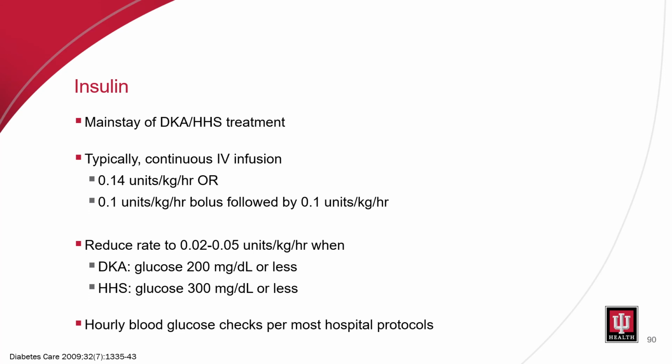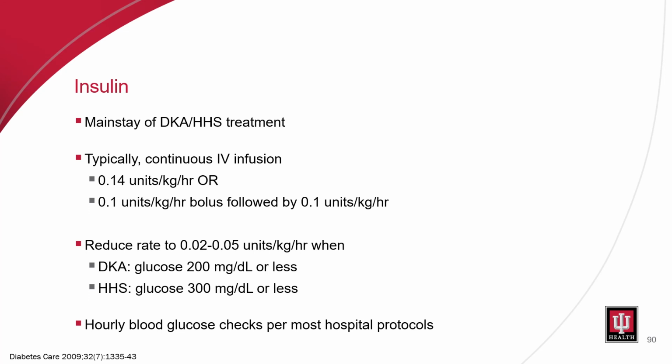So you can start at 0.14 units per kilogram per hour and just use the drip, or you can give a 0.1 units per kilogram bolus followed by 0.1 units per kilogram per hour insulin drip. You will then titrate, or the nurses likely will titrate the insulin drip per hospital protocol.